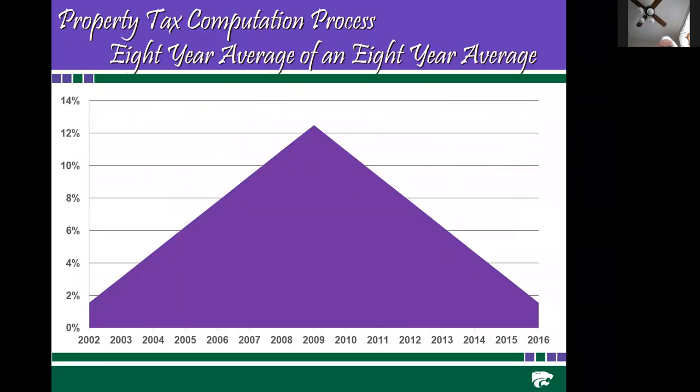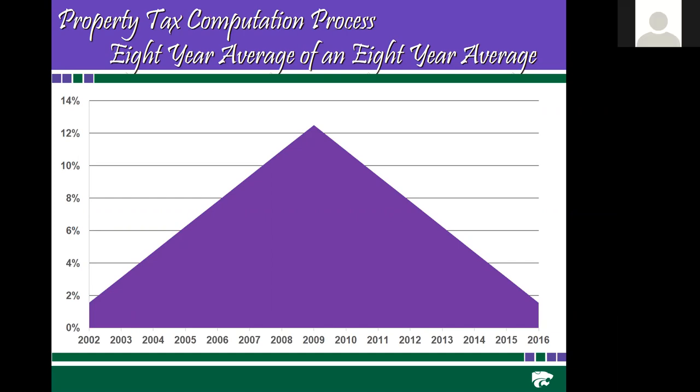This next slide, I think, will give you an indication of the weighting structure for the 2018 property tax computations. The 8-year average basically places the most weight on the middle year of that 2002 to 2016 stream.